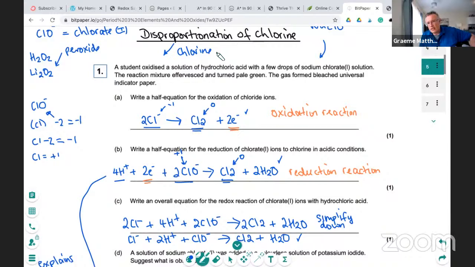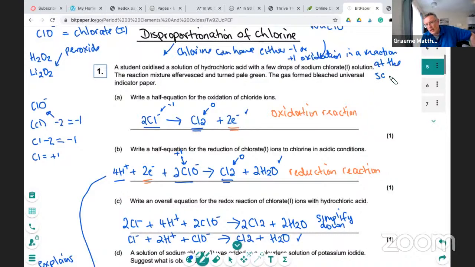Chlorine can have either a -1 or a +1 oxidation state in a reaction at the same time.